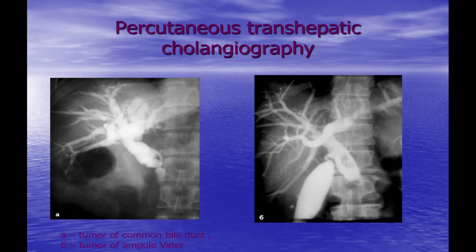Percutaneous transhepatic cholangiography. Here we see the tumor. This is the common bile duct. Here we see the tumor, the ampulla of Vater.